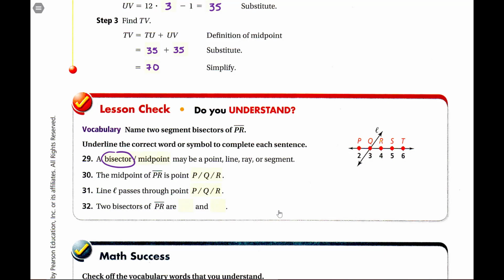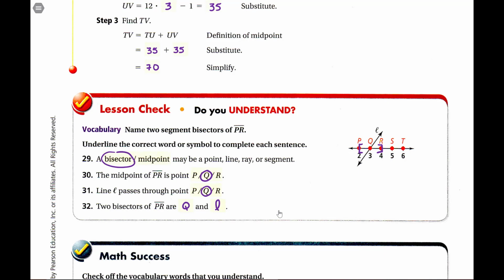A bisector could be a point, line, ray, or segment. The midpoint of PR, so we're looking from P to R, and we can see that is going to be the point Q. The line L passes through Q. So the 2 bisectors of PR are the point Q and the line L, and that's all you have to do.